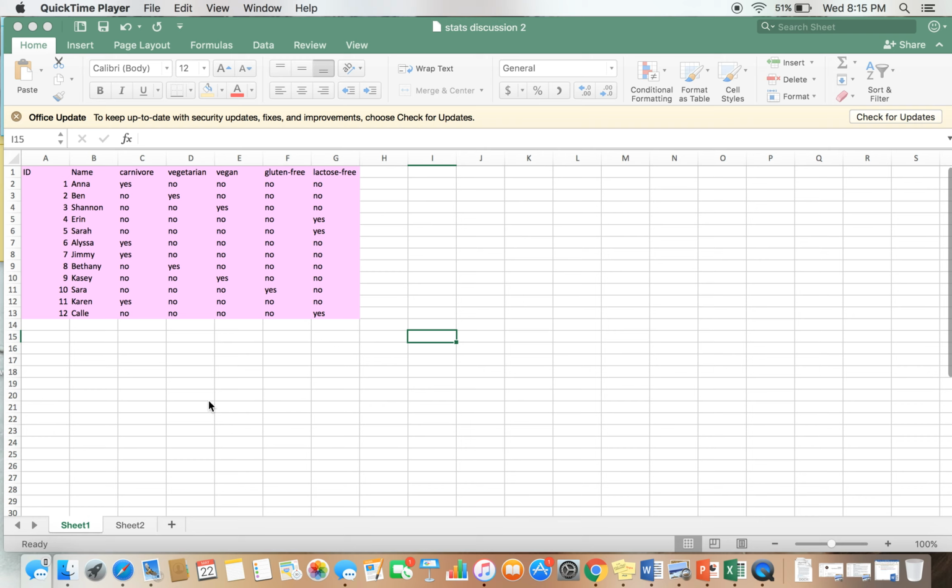So our options for data visualization that I thought would best suit this data set were a bar chart or a pie chart. I chose both of these because I think they best represent categorical variables. Bar charts, because each bar shows the area that represents the count of observations for each categorical variable. So in this case, that would be the diets.